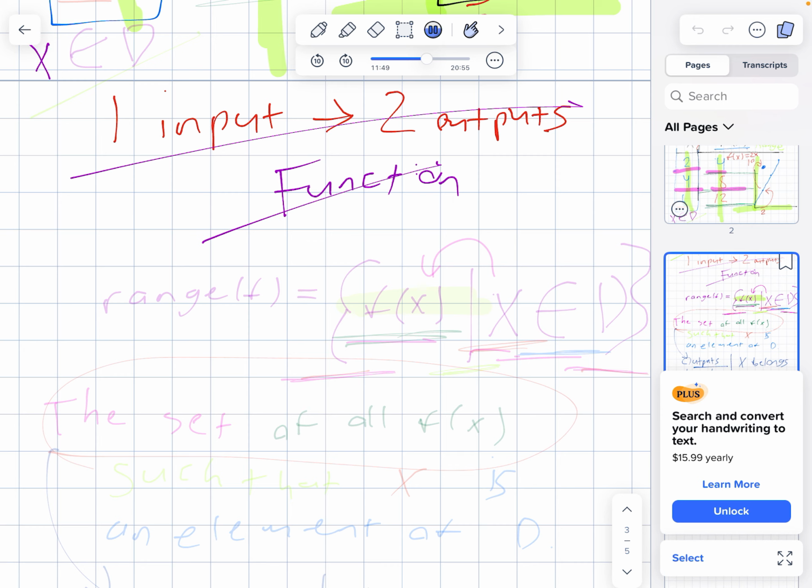If you thought that it looks like something like this, x is a member of domain D, then you're correct. And you may have seen this term range before. Well, that's because the range is all of our y values, or our values for f of x. In other words, range is the set of all outputs of f.